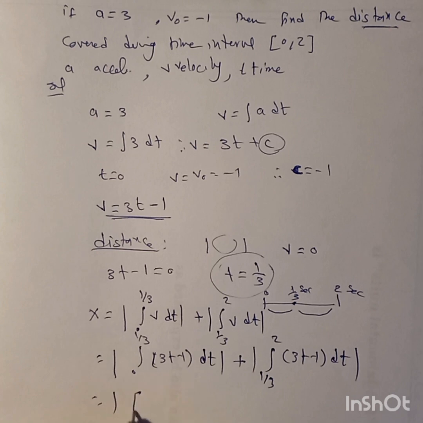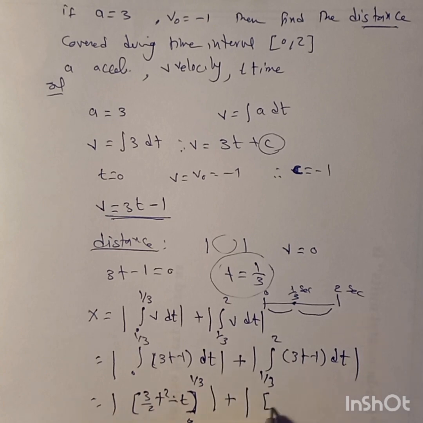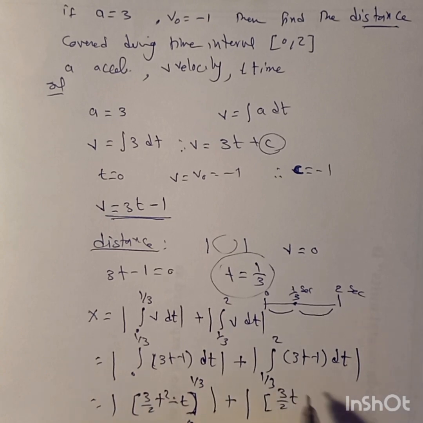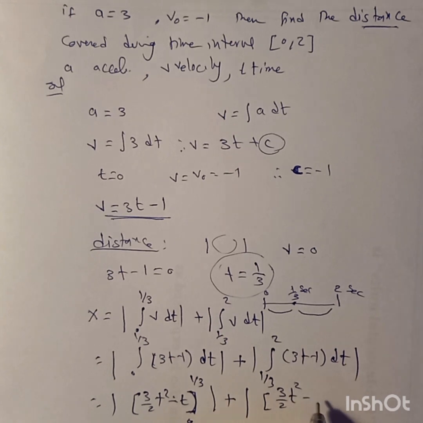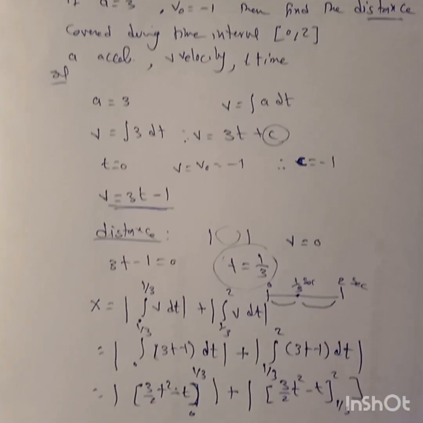Then we have 3 over 2 t squared minus t, from 0 to 1 over 3 second, plus 3 over 2 t squared minus t, from 1 over 3 to 2 seconds.